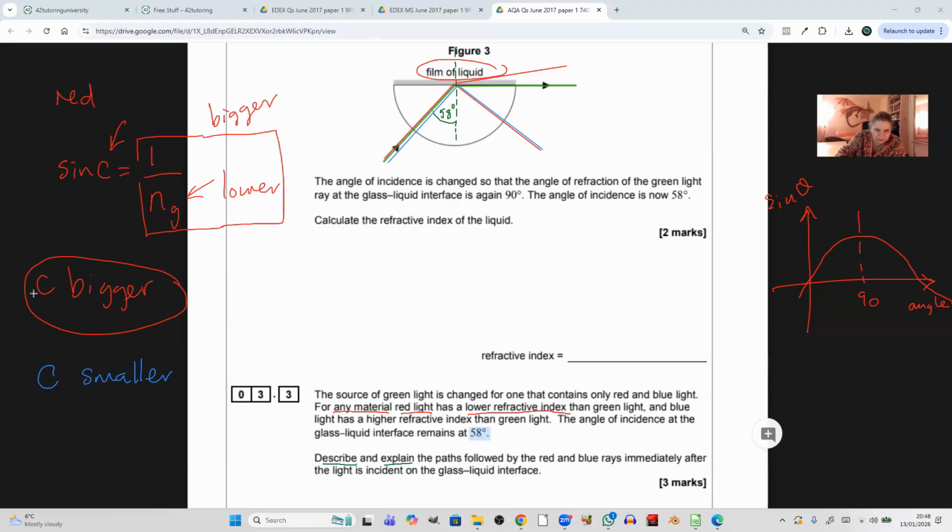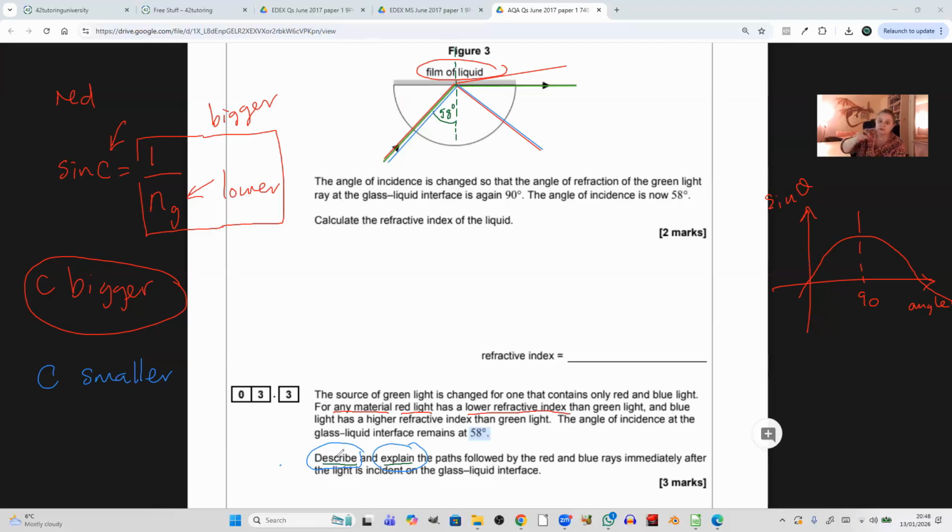Can you see what we've got to write to make sure that we both describe and explain what happens? We have to describe what happens to the red ray. We have to describe what happens to the blue ray. And then when we've described what happens to each of them, we are going to explain what happens to each of them.